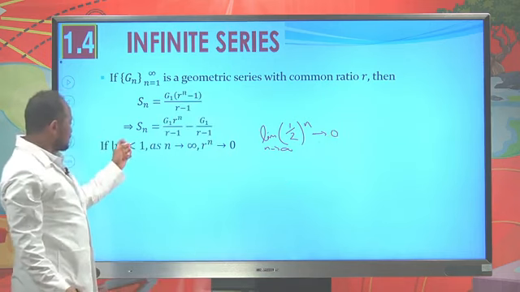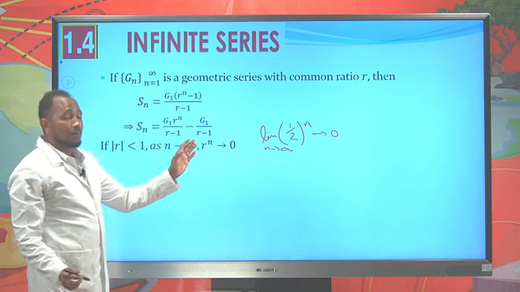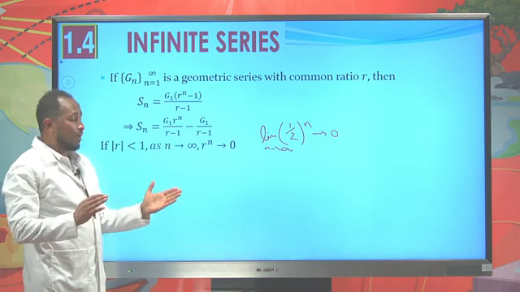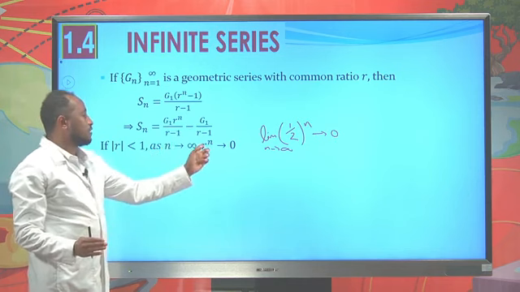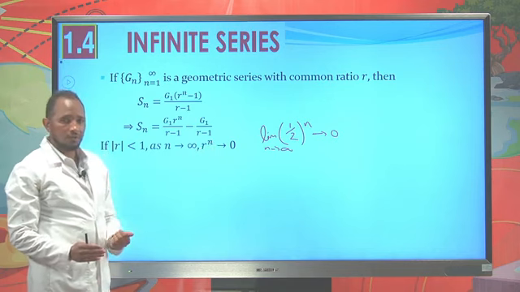Therefore, if r is a fractional number, I mean a number between -1 and 1, r to the power of n will go to 0 when n goes to infinity.